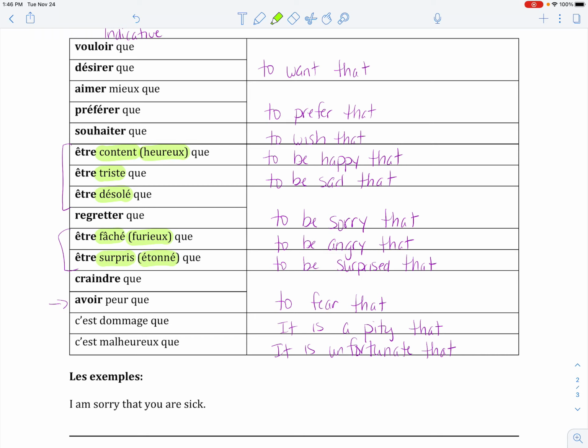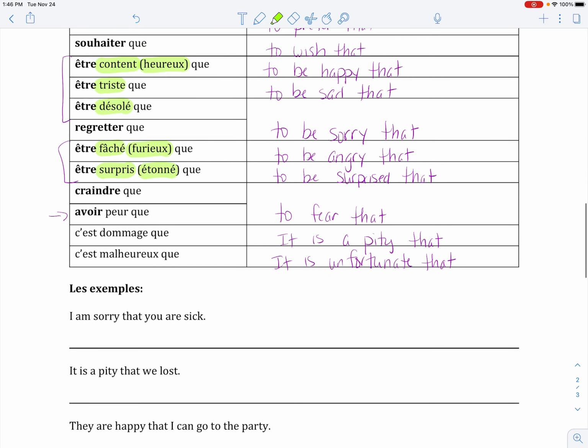When you go to conjugate these, if you want to say, for example, she is happy, I want to say elle est, and we'll use heureux for the example here because I want to remind you that heureux, the masculine, becomes heureuse for the feminine. So for both heureux and furieux that end in an X, the feminine form will end in SE. So elles sont heureuses would look like that, for they are happy.